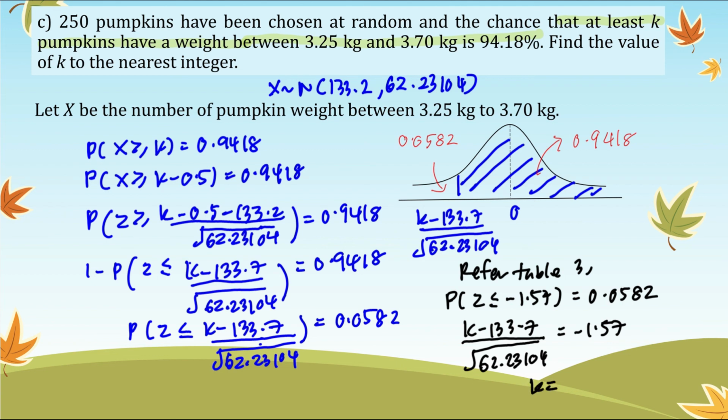So our k will be equals to 121.31. But the question want to find the value of k to the nearest integer. So k is equals to 121 pumpkins.